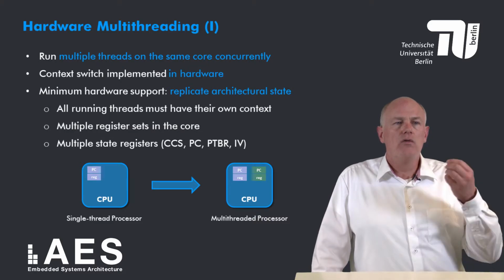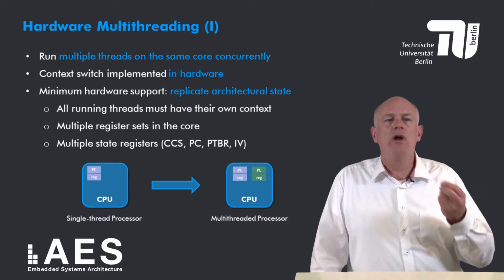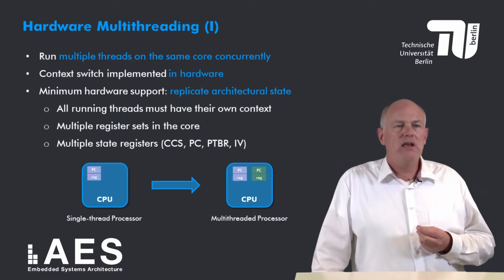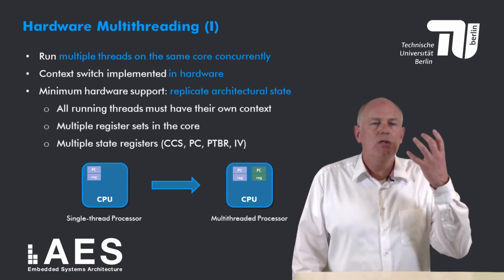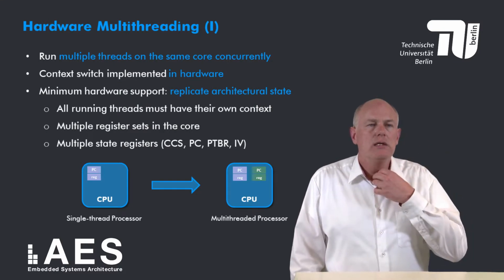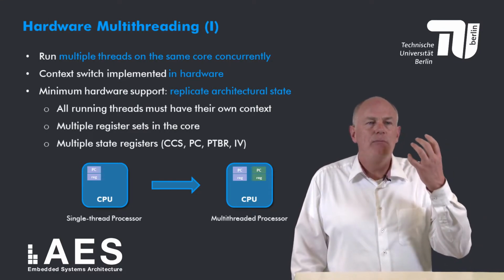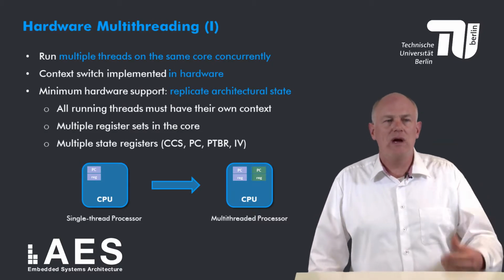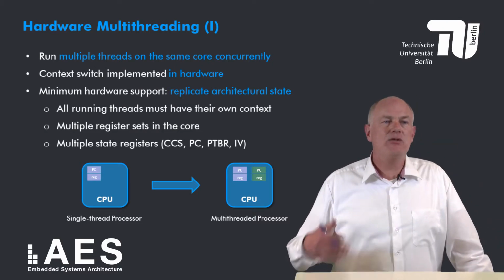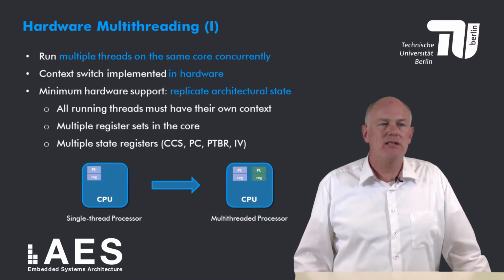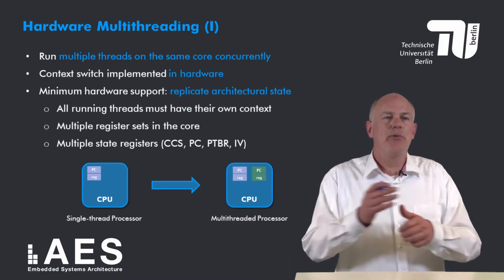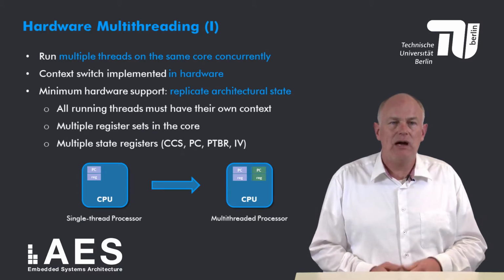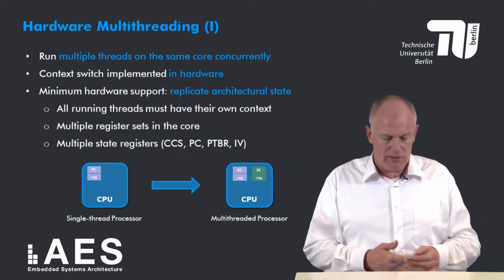So all running threads must have their own hardware context. That means that the CPU, the single core, needs to have multiple register sets, one for every hardware thread. And it has to have multiple state registers, such as the program counter, the interrupt vector, etc., because it only concerns a single thread.